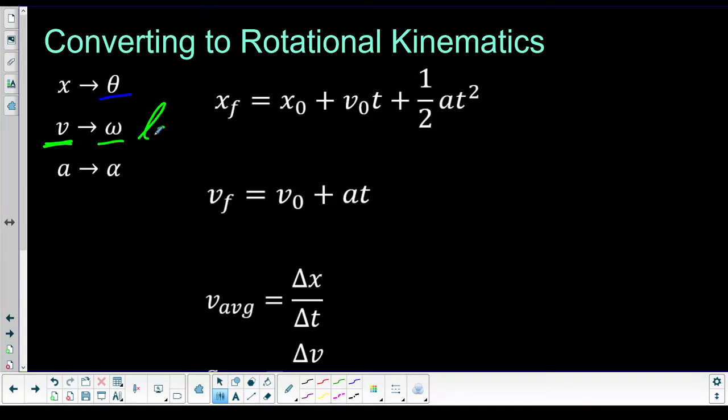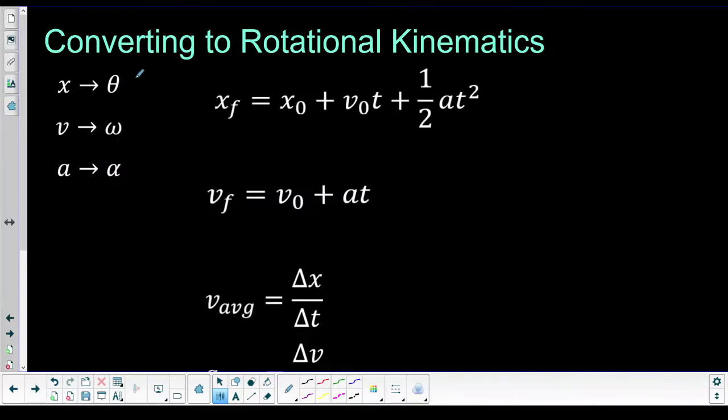This is lowercase omega. Yep. So like I am the alpha and omega. Did you guys know that Greek letters have lowercase letters? That's lowercase omega. It looks like a little w. When I write it, I'm going to do that. So this is omega. It's how fast you're spinning.